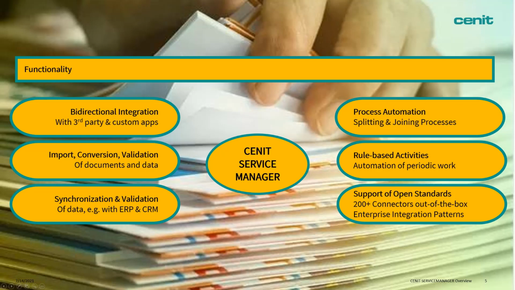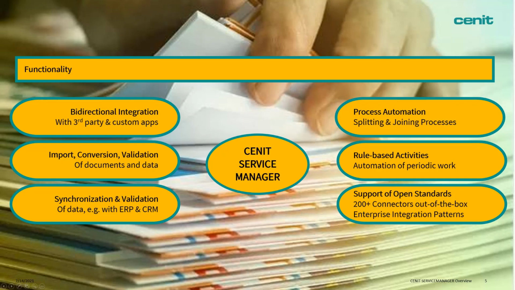The key functions are bidirectional integration of FileNet with third-party and custom-built applications, import, conversion, and validation of data and documents, for example during periodic imports or migrations. Synchronization and validation of data, for example indices in SAP or Salesforce.